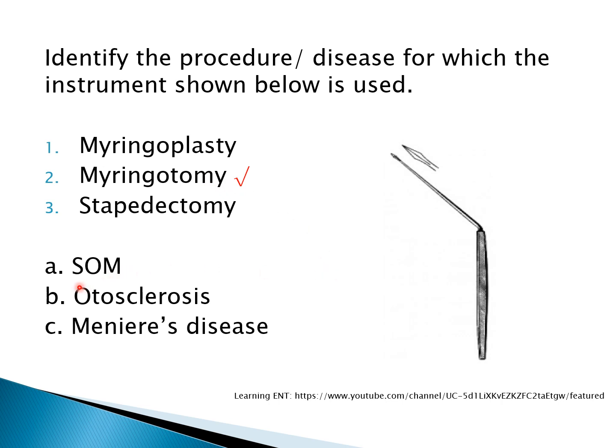In the previous questions I've already told you that in secretory otitis media we require myringotomy, not for otosclerosis or Meniere's disease. These are totally different diseases. So the correct answer for this question will be secretory otitis media. The idea is that we should know that this is a Politzer's myringotome. So such image based questions may also be asked.